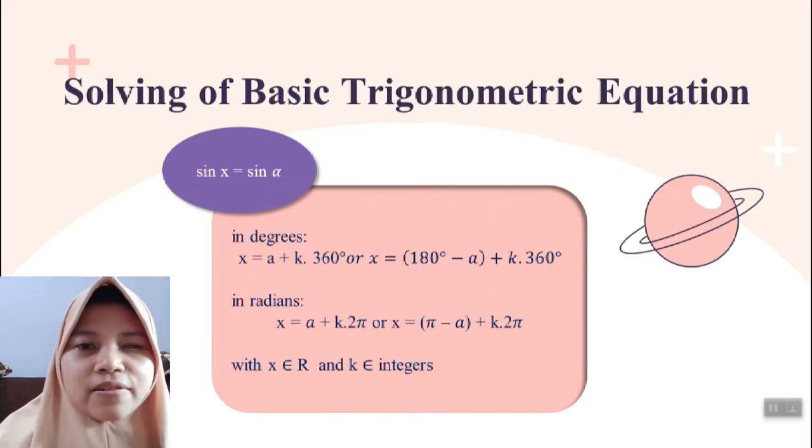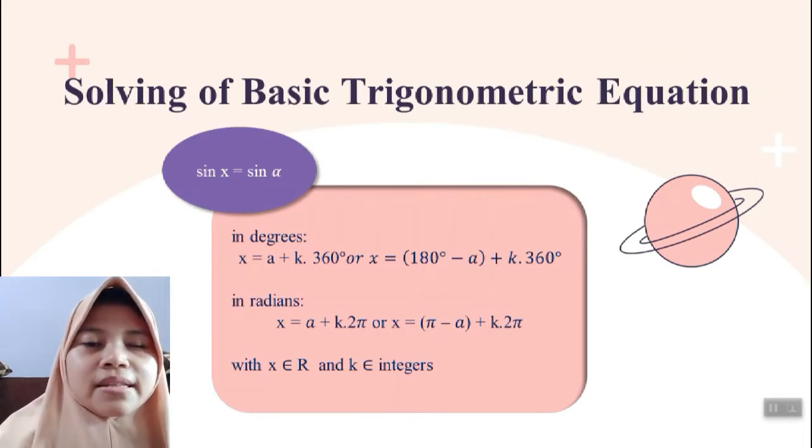Solving a basic trigonometric equation: sin x equal to sin alpha. In degrees, x equal to alpha plus k multiplied by 360 degrees, or x equal to (180 degrees minus alpha) plus k multiplied by 360 degrees.